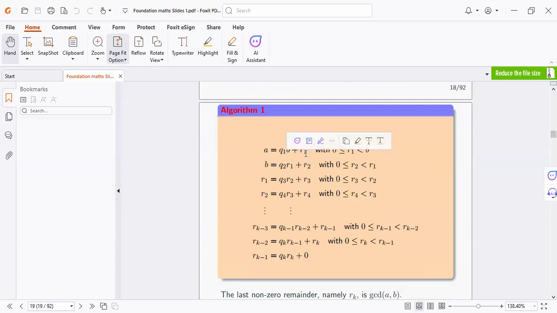Then I asked myself, how many times does R1 go into B? It went there Q2 times, that is the quotient 2, and then the remainder was R2. So we proceeded until we had a remainder of 0. So this is the division algorithm that we are using to find the GCD. The GCD then becomes the last non-zero remainder, which is RK.